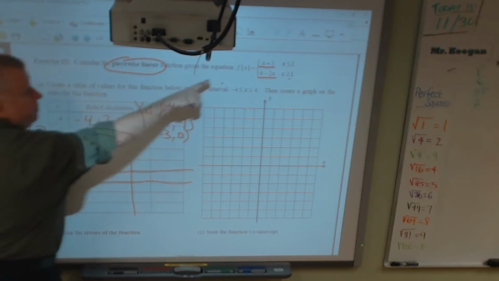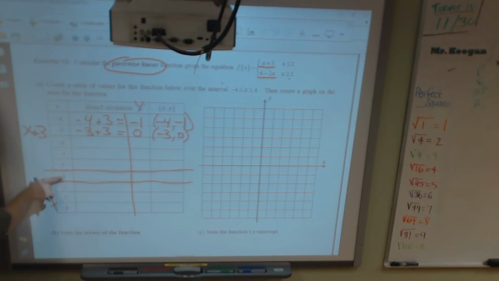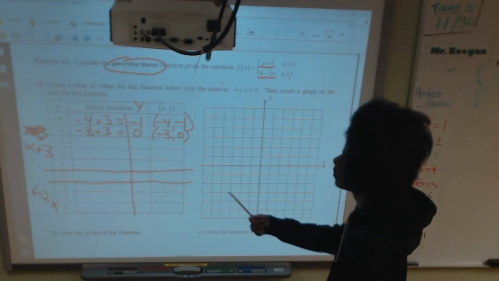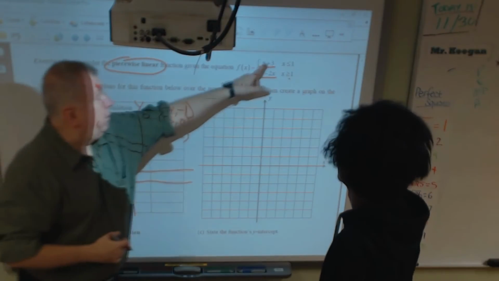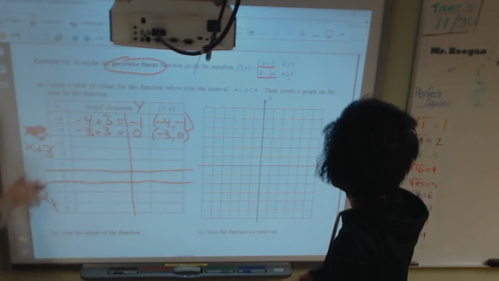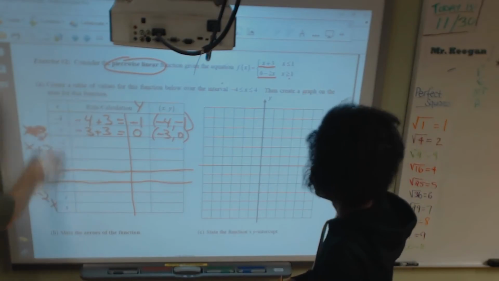As long as x is up to 1, you're going to use the rule x plus 3. If you write it here, you don't have to keep looking at that thing. It just makes it easier.